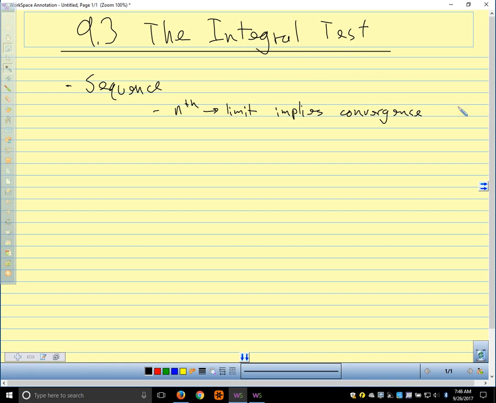We also talked about associating, since a sequence where our definition is a function of positive integers, we can associate each term with a function value evaluated at that particular term. That's going to help us out with this process because we can apply what we know about limits of functions to limits of sequences.